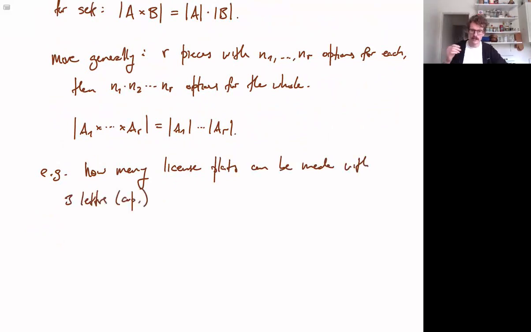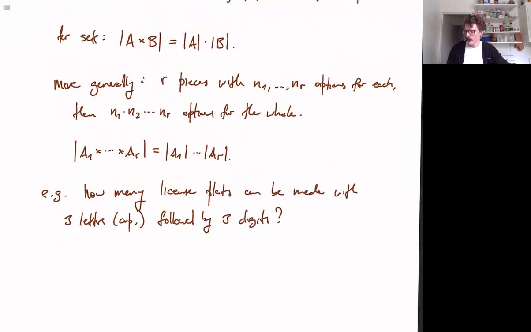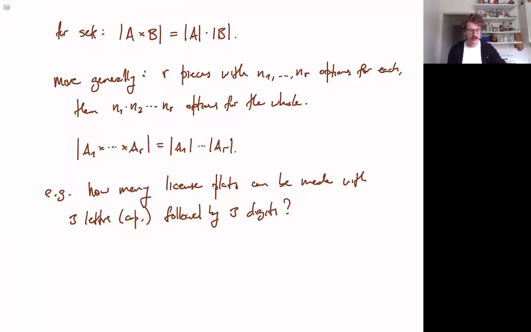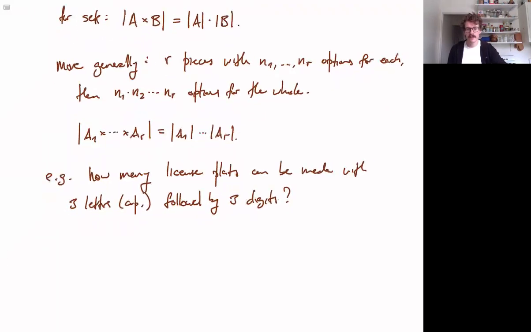Let's say they're capitalized, so it's 26 options, followed by 3 digits. So how can we count this using the product rule? The point is just that we can break it down into smaller pieces, namely each letter and each digit. Because we know how many options we have for each of those things, we can combine them to find the options for the total. So we can write this as 6 pieces.